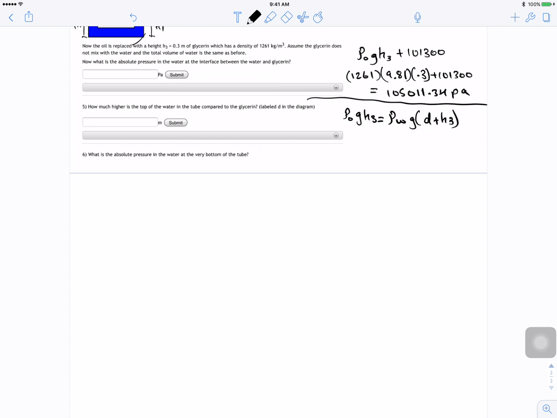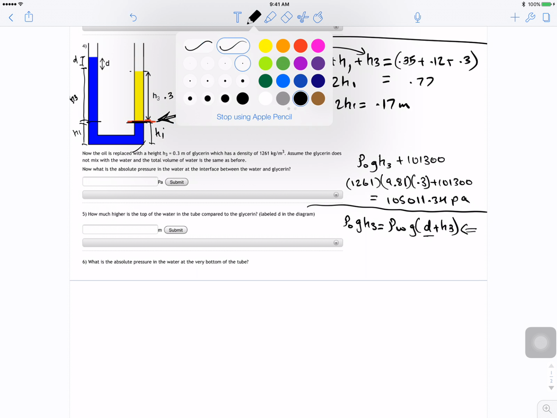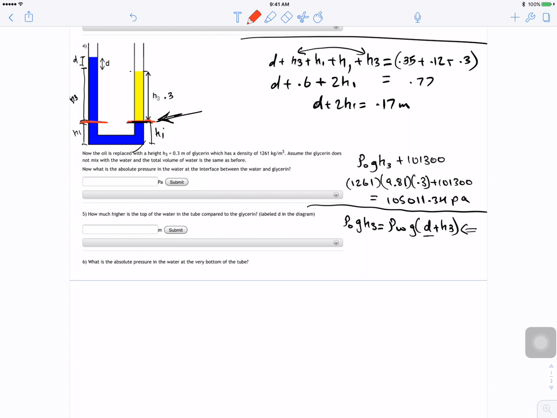We need to find D, so we're going to solve for D. Here and here have the same pressure.